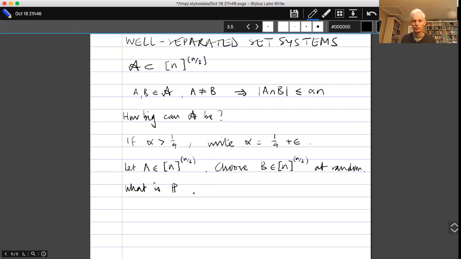So what is the probability that A intersect B has size greater than a quarter plus epsilon n? And I'm only interested in an upper bound, so actually I shall just turn that greater than into a greater than or equal to. If I can get an upper bound for this, then I've got an upper bound for the strict inequality.